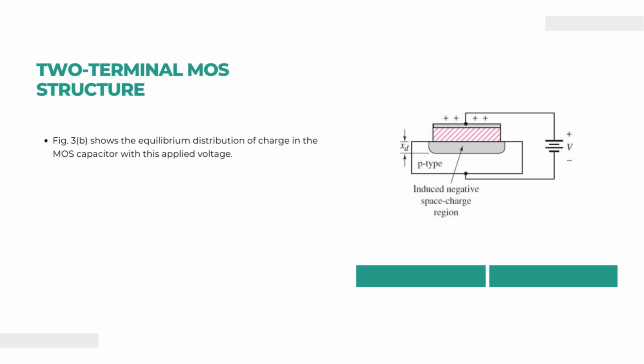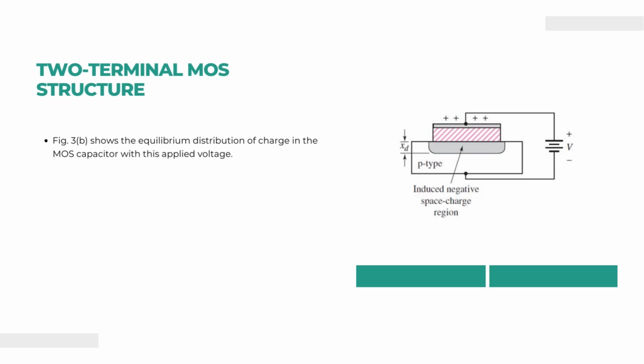Here we can see that there is a positive potential applied to the metal and a negative potential applied at the semiconductor. So, the MOS capacitor with induced space charge is shown here. There will be induced negative charges at the semiconductor and oxide interface.